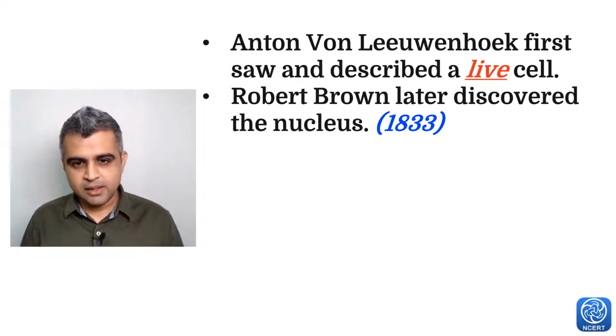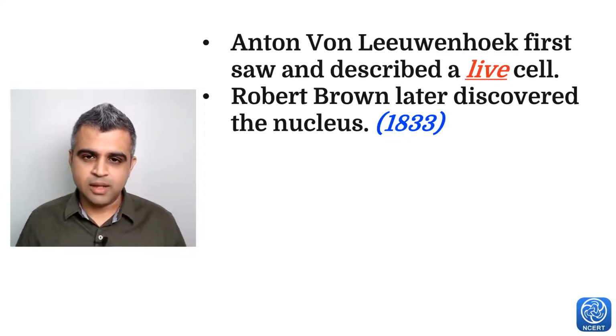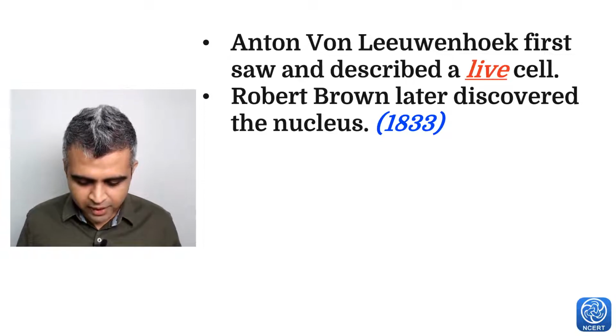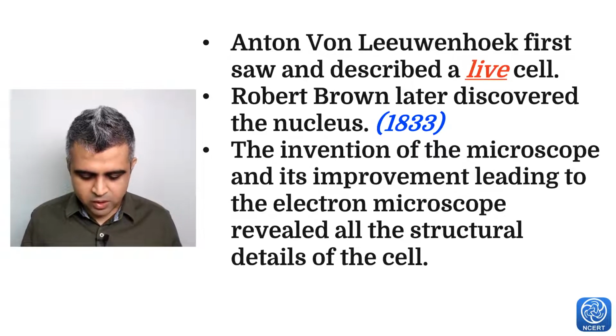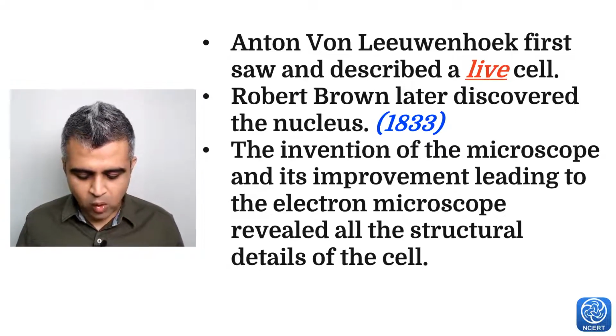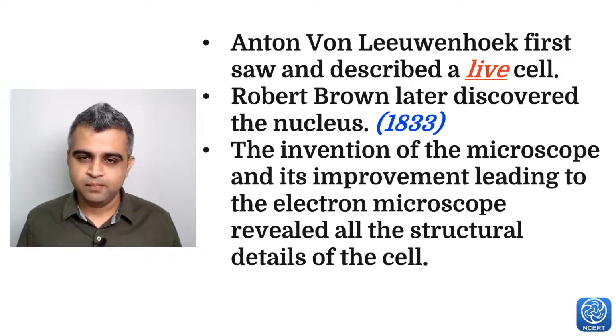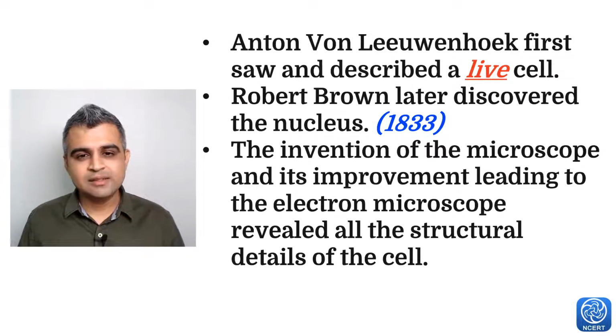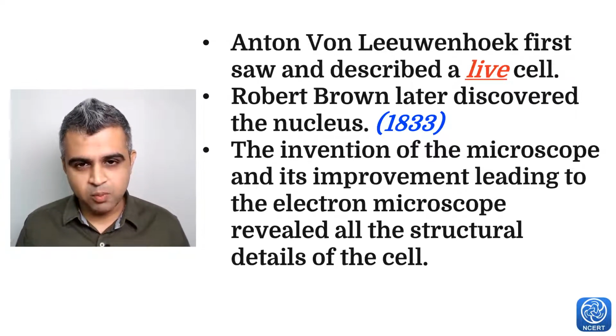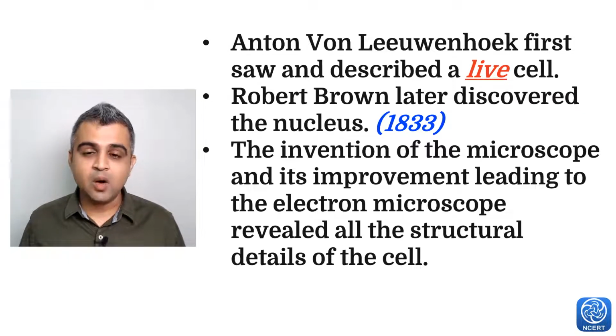So NCERT straight away jumps a full century, 70-80 years, to 1833, where Robert Brown discovered the nucleus, and the invention of the microscope and its improvement leading to the electron microscope revealed all the structural details of the cell. So this little history lesson was important for you, so that you understand how our whole understanding of cells began.